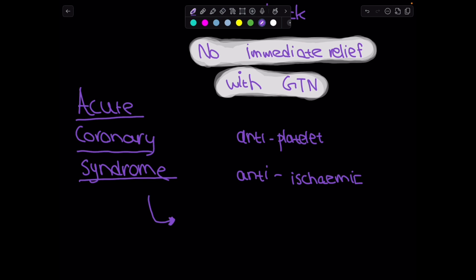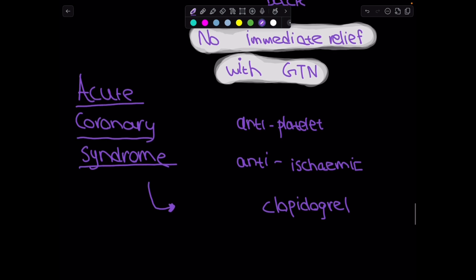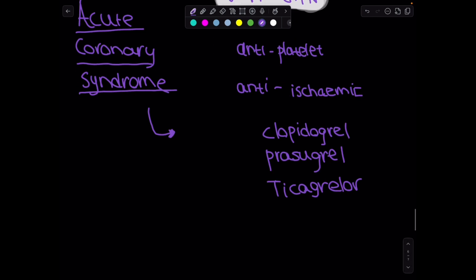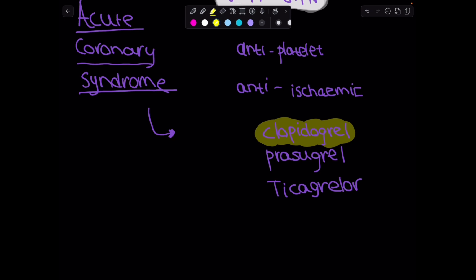Okay, so troponin. How would clopidogrel, prasugrel, and ticagrelor help? Clopidogrel and ticagrelor are antiplatelet drugs used in acute coronary syndromes, ACS, to prevent further thrombus formation by inhibiting platelet activation and aggregation, with clopidogrel blocking the P2Y12 receptor to reduce clot growth, and ticagrelor, a more potent P2Y12 inhibitor, acting faster and reversibly to stabilize plaques and lower heart attack risk.